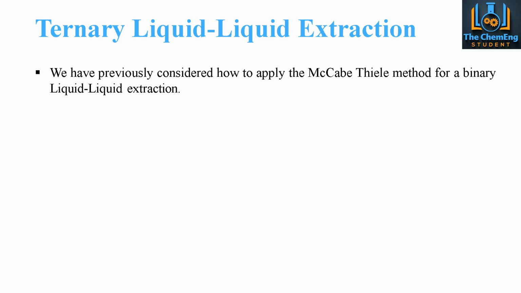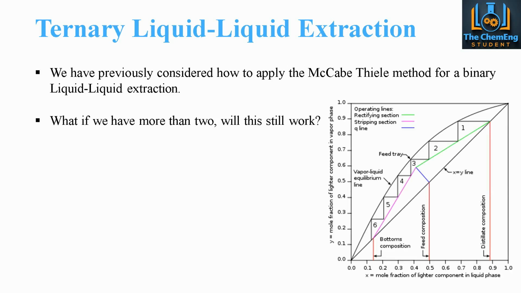So the first question is, what is a ternary liquid-liquid extraction method? Previously we've considered how to apply the McCabe-Thiele method for a binary liquid-liquid extraction method, and this tends to be used for distillation columns. A typical schematic that you would use for the McCabe-Thiele method is shown here.